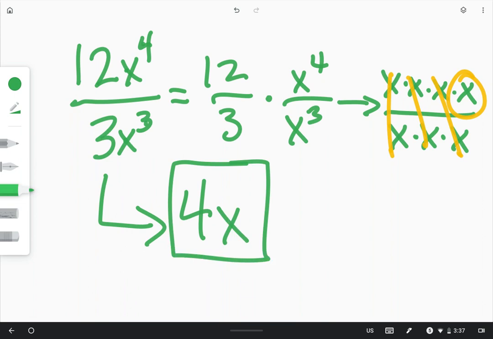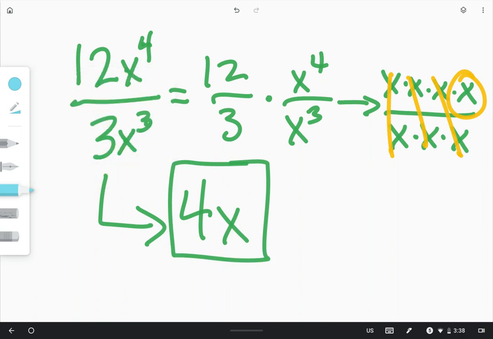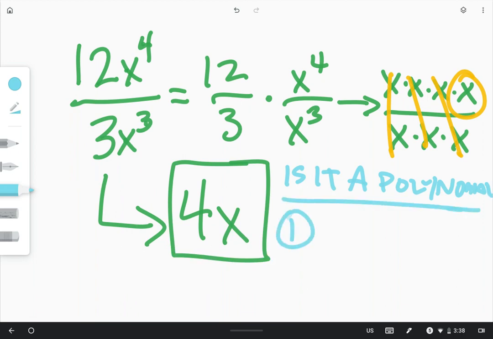And then in here, they ask if the answer is a polynomial. In order for it to be a polynomial, you just need to know that there are no x's or any kinds of variables in the denominator. So there's 2 main things. Is it a polynomial? So there's 2 qualifications.